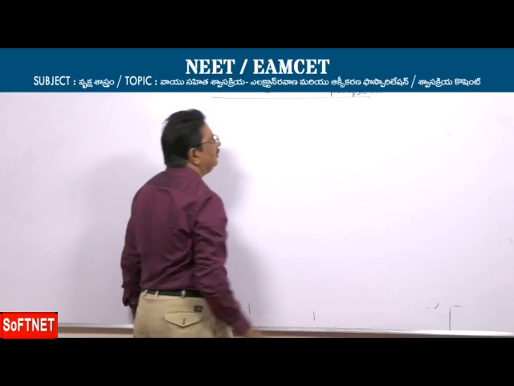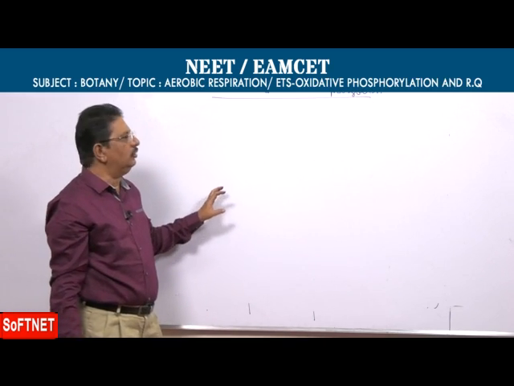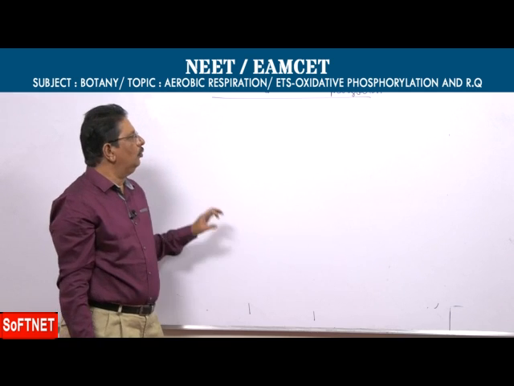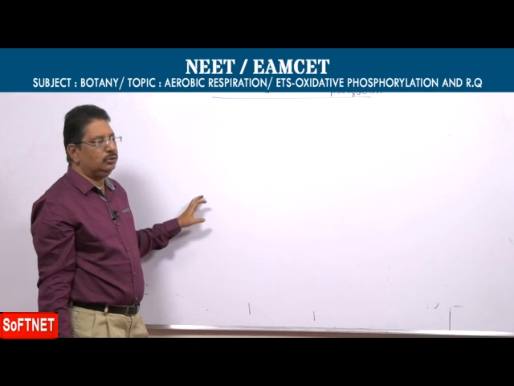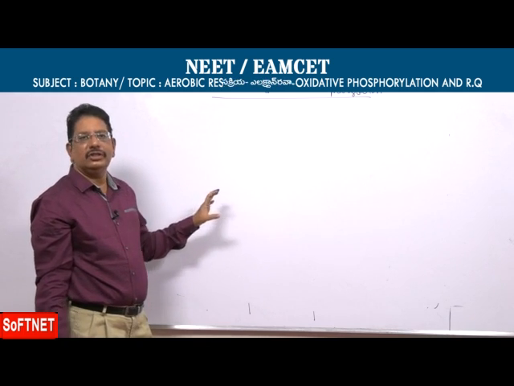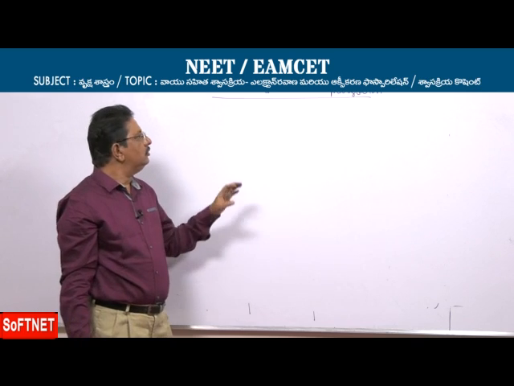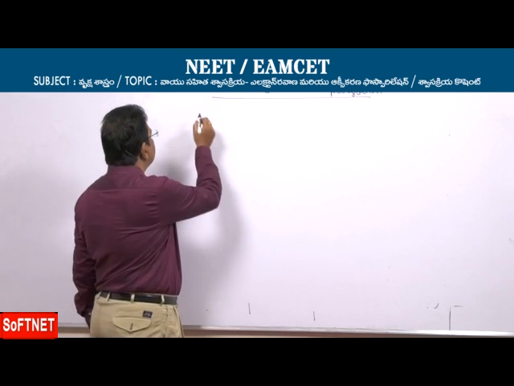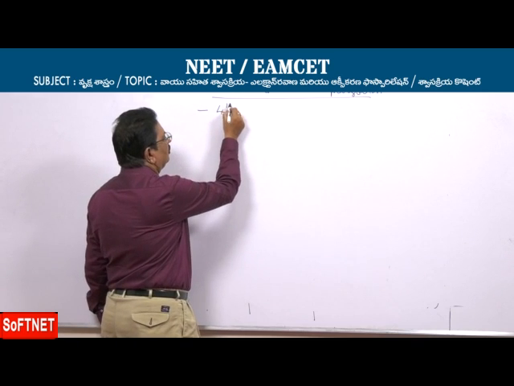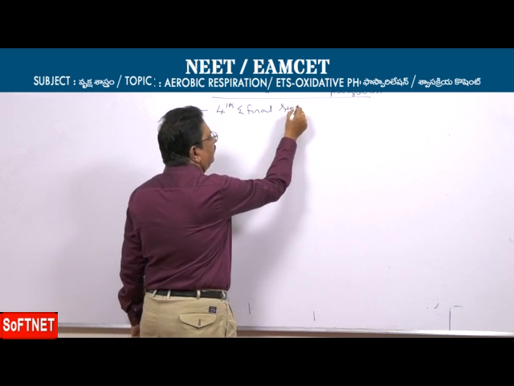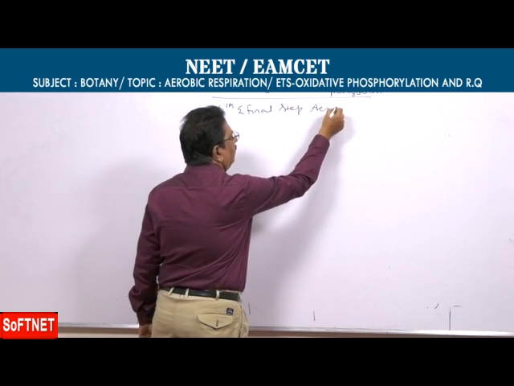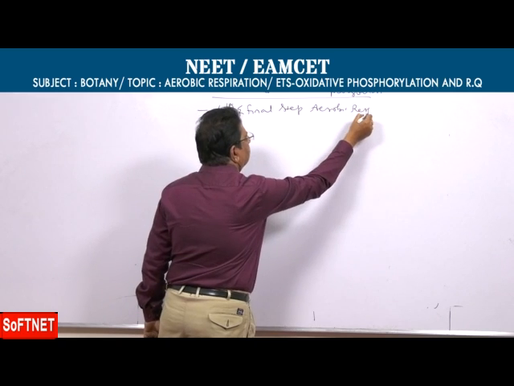So, where is this event going to occur, what are the important reactions to occur and the result of this reaction? Coming to this one, in sequence, it is the fourth and final step in aerobic respiration.